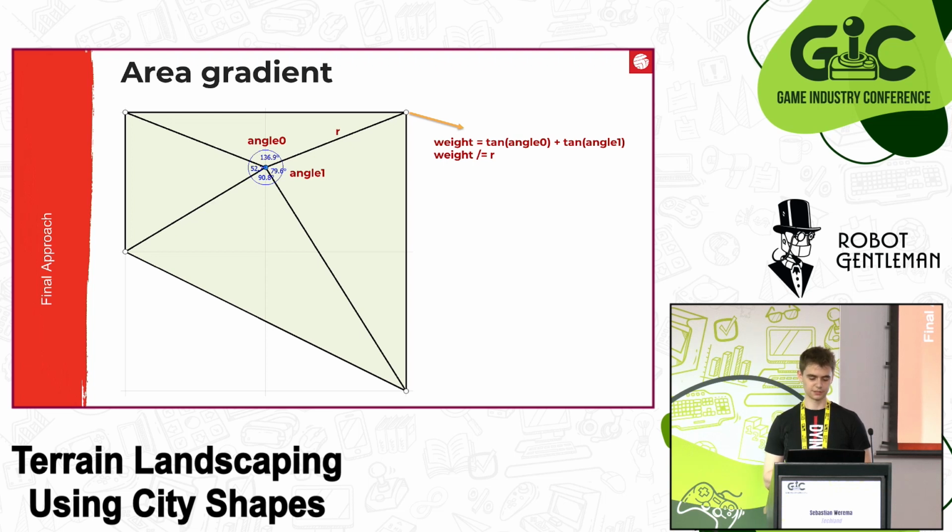You can think of it as a sum of the weights of the nearby edges, divided by the distance to the sample point, where the weight of the edge is dependent on the angle. That is because edges that are closer to the sample point create a wider angle, and that is the same for longer edges. They also get a higher angle, and with that they get a higher weight.